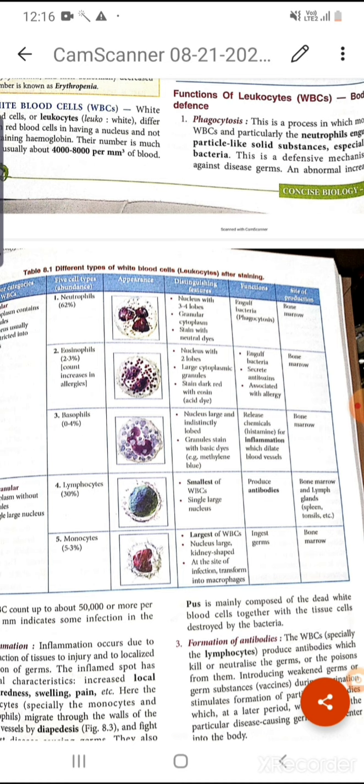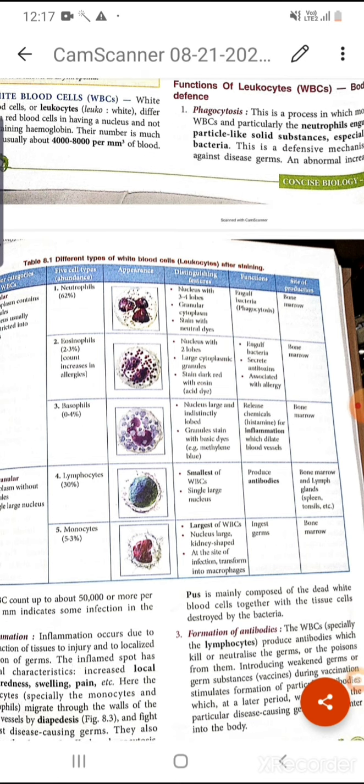So this is the process by which the WBCs, mainly the neutrophils, engulf particle-like solid substances and especially bacteria.